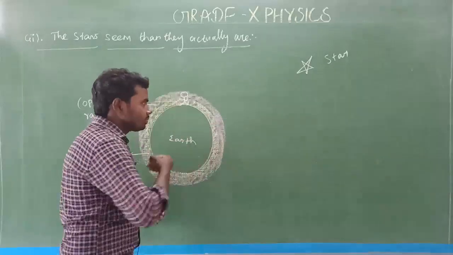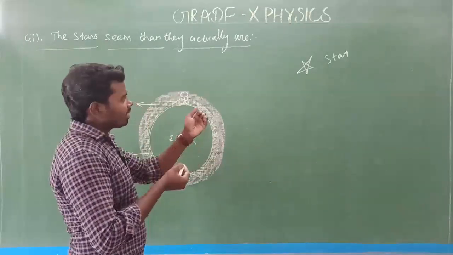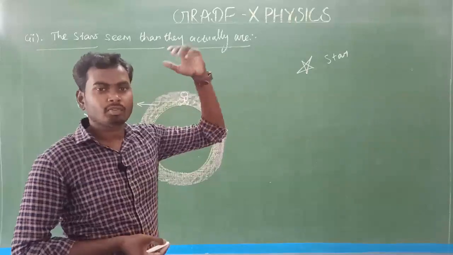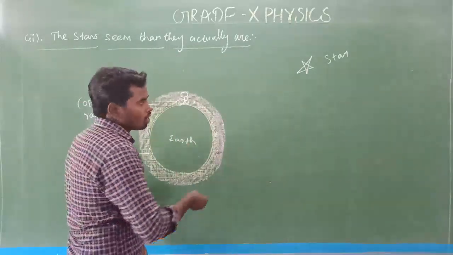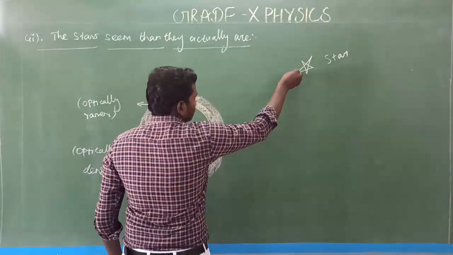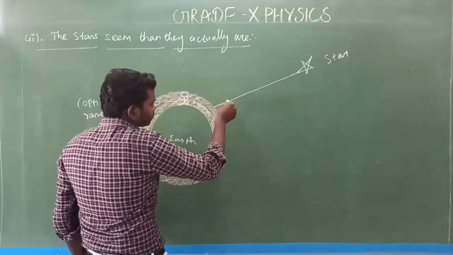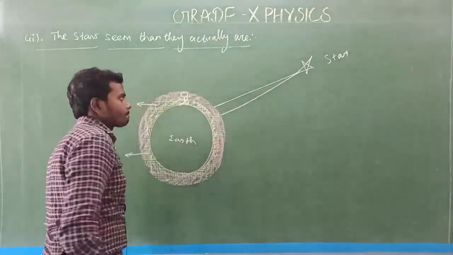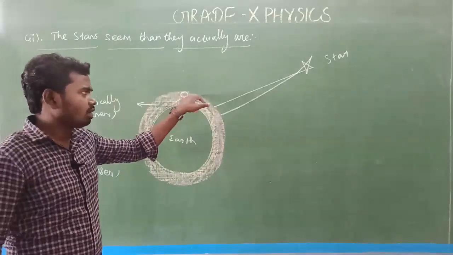Yes. So consider the light rays. The light rays are coming from the star, which is located millions and millions of kilometers away from the Earth's surface. Consider just two rays like this. Just two rays, otherwise this ray will hit here.